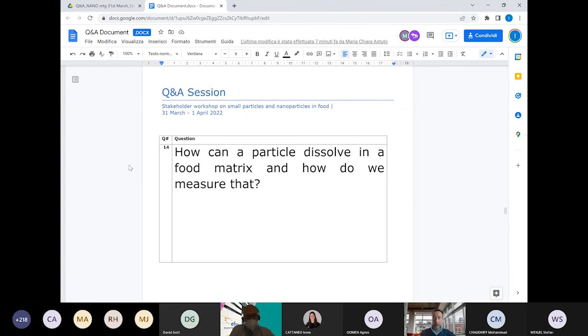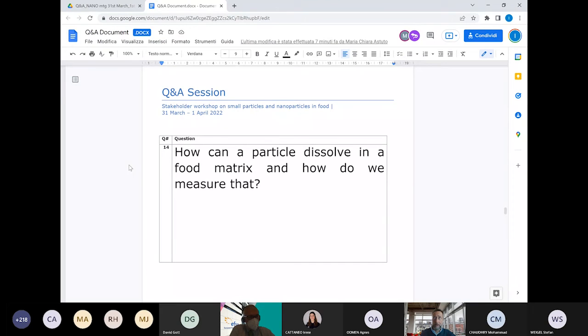So it is actually a matter of time before the material is ingested. And in other cases, this dissolution process may be triggered more by the gastrointestinal process. But in principle, there are obvious cases where a liquid medium might be an efficient medium to obtain a solubilization of a particle.